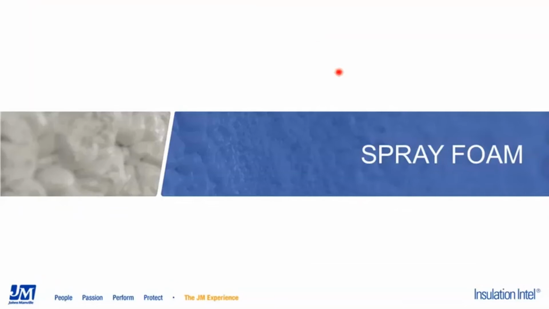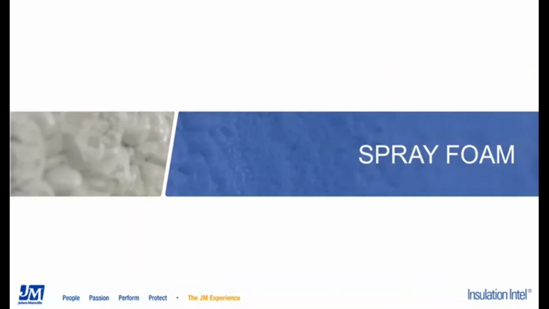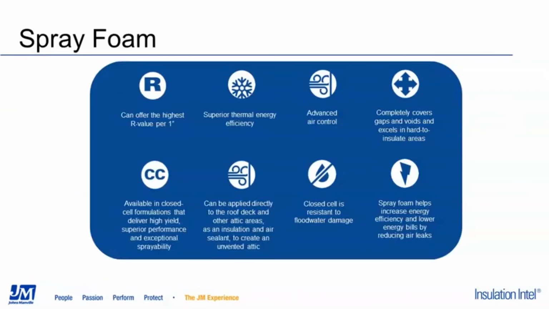Thank you, Eric. Hey, just for a light recap for everybody, all of JM fiberglass, MinWool, and Polyiso board insulation products are manufactured by Johns Manville. So when we start moving into spray foam insulation, this is the only insulation that Johns Manville does not manufacture.